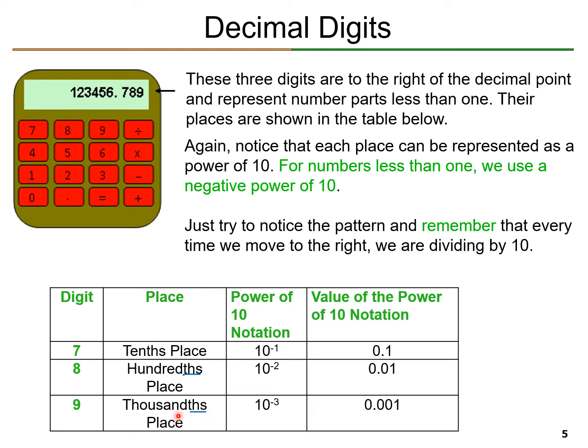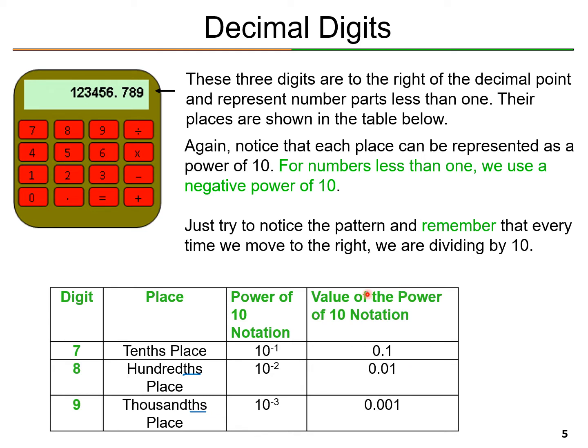The thousandths place is worth 0.001, which is smaller than the hundredths place, which is 0.01, which is smaller than the tenths place. So of all these places, the tenths is the largest of these three. 0.1 is larger than 0.01, which is larger than 0.001.